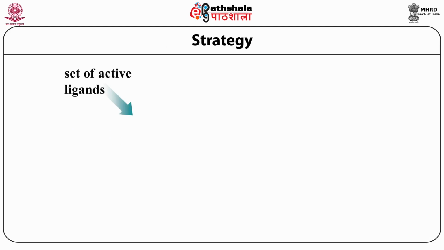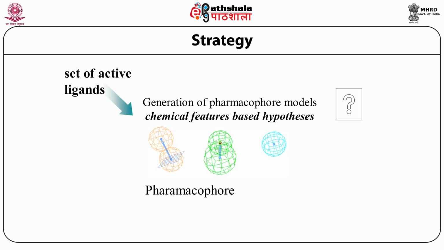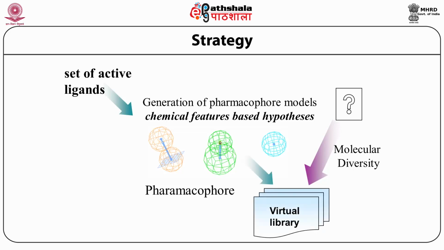The strategy is: a set of active ligands, start from there, generate the hypothesis of pharmacophore, find out by diverse selection and some of the physicochemical properties, create the virtual library, and then use the pharmacophore to select a few novel potential leads.